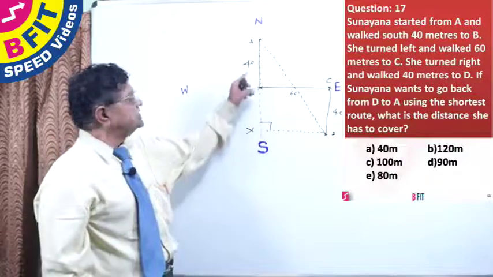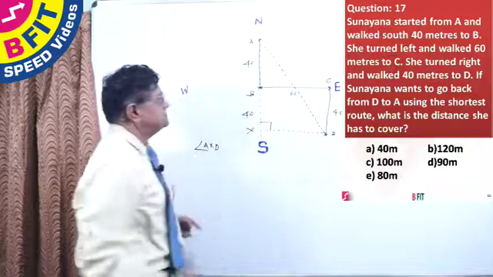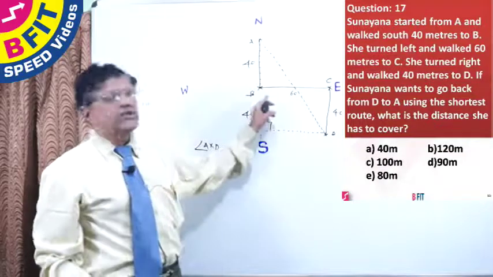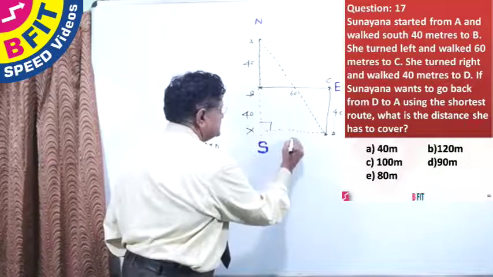And we know this is 40 and BX is another 40. And we know BC is 60. So XD is 60.